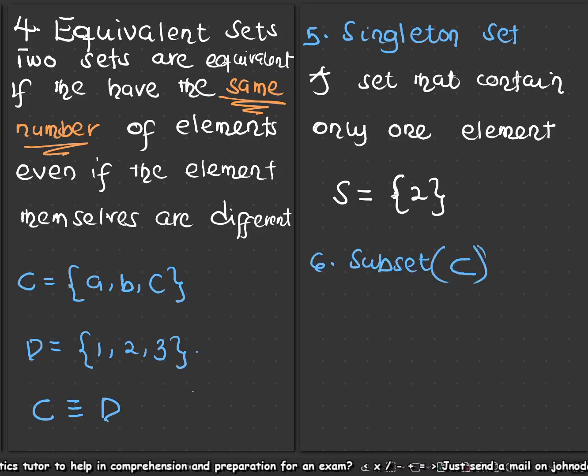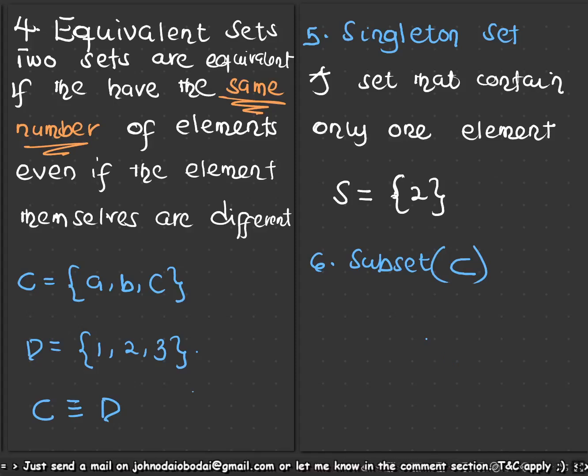Subset is denoted by this symbol over here. It's like a C, but then we just extend it this way. Okay. So talking of subsets, then you might be having two sets in mind.